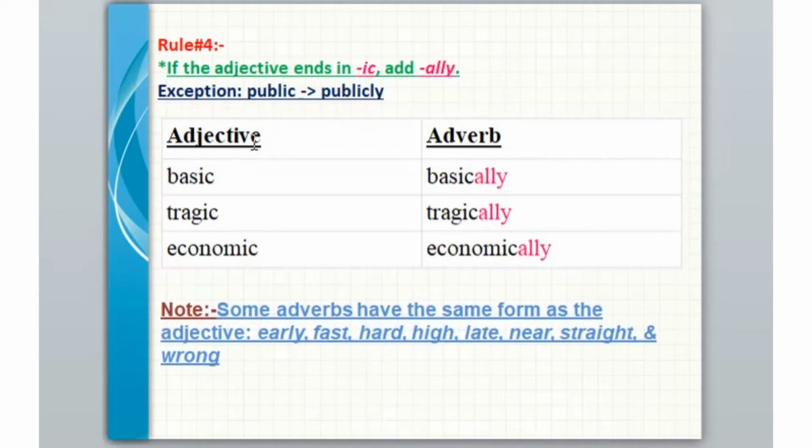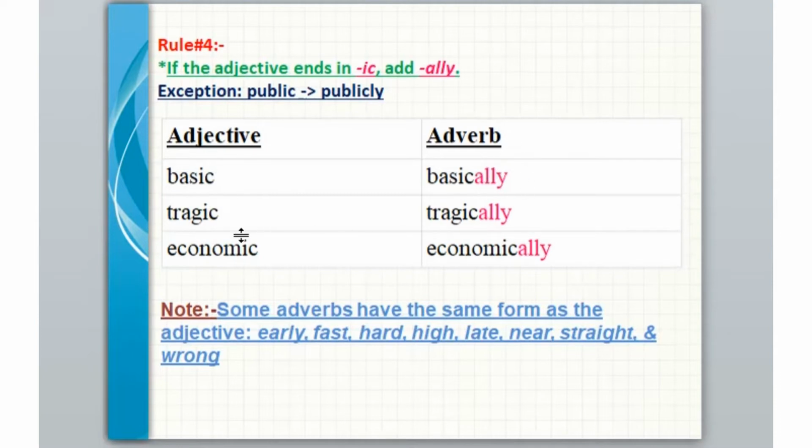Now, let's come to rule number 4. Here our rule number 4 states that some other kinds of adjectives are also there which are ending with IC. Did you notice, students? All these examples, the adjectives are ending with IC. So what do we do with the ones having IC at their end? We will add ALLY. So this basic will become basically.